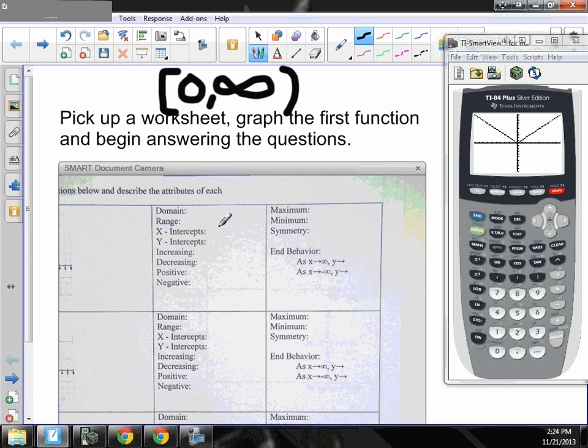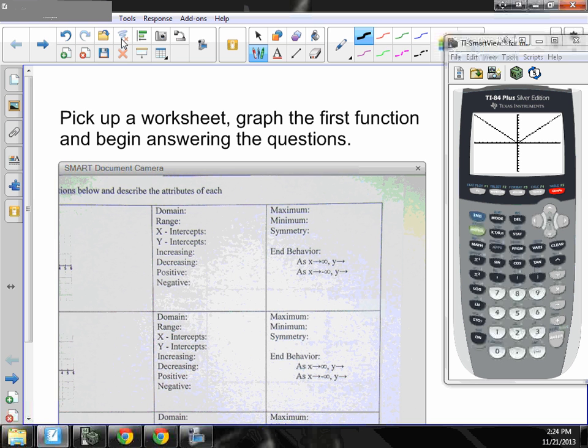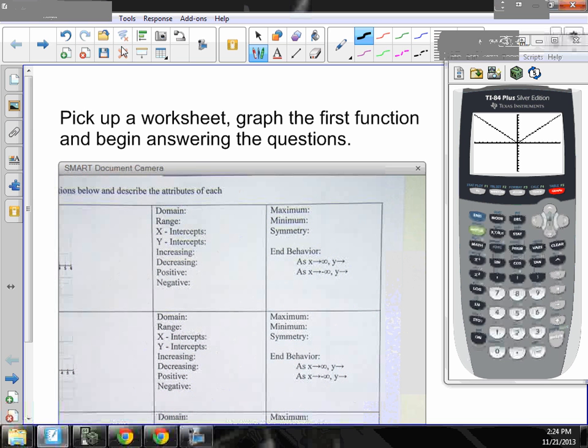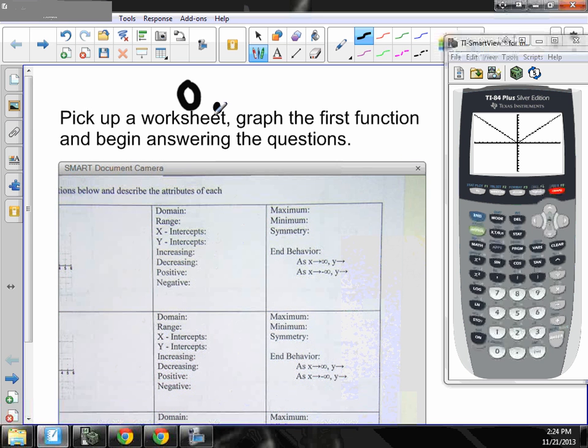Okay, x-intercepts. Yes, this is number 4. X-intercepts, it touches the x-axis at 0. Where does it touch the y-axis? At 0. When is this graph going up? From 0 to infinity. Does 0 count? Well, it's going up and down at 0, right? It's not really flat.